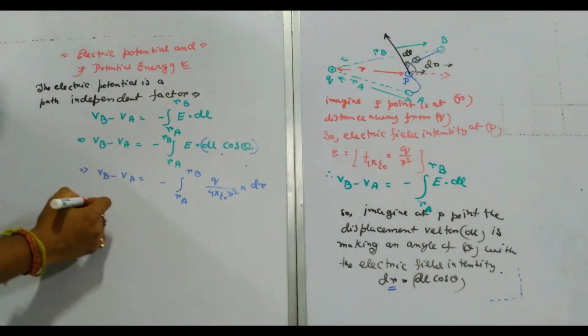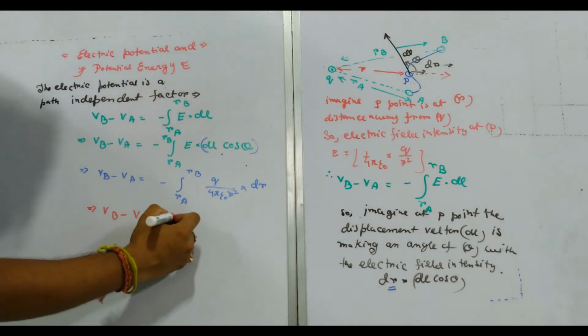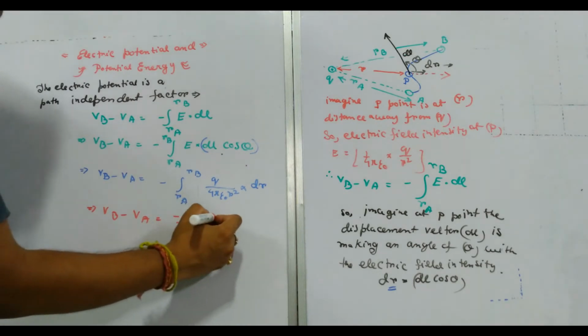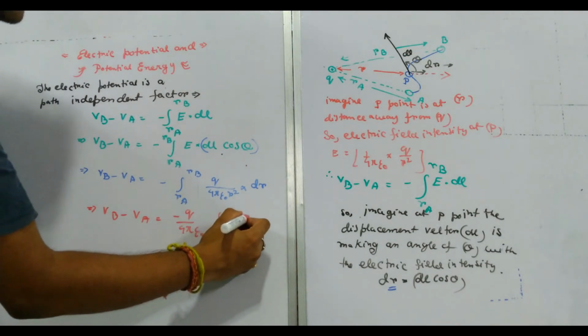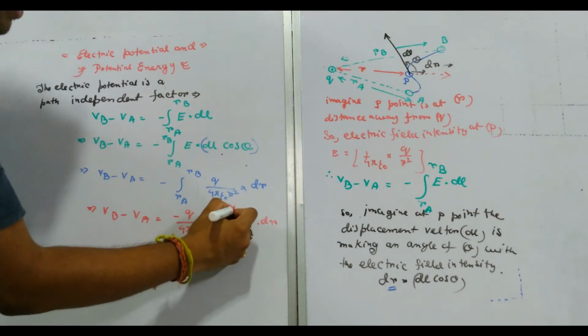Now, watch very carefully. We are taking out the constants, that is minus Q by 4 pi epsilon naught moves out, and the rest can be written as R to the power minus 2 dr, where the lower limit is RA and the upper limit is RB.